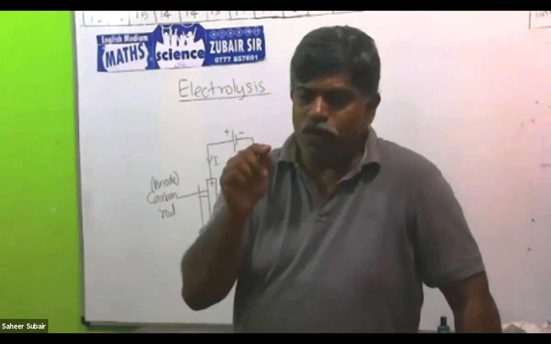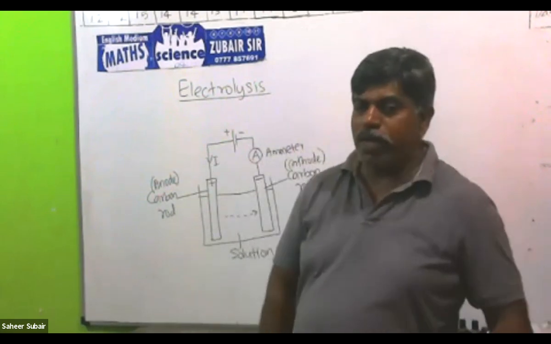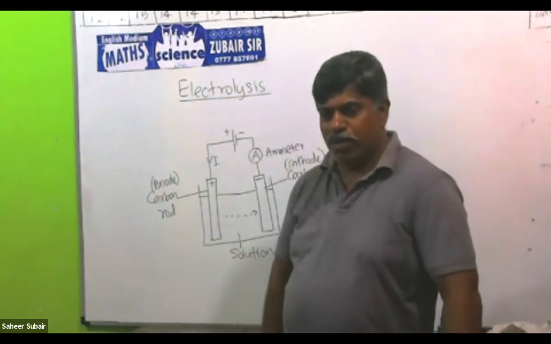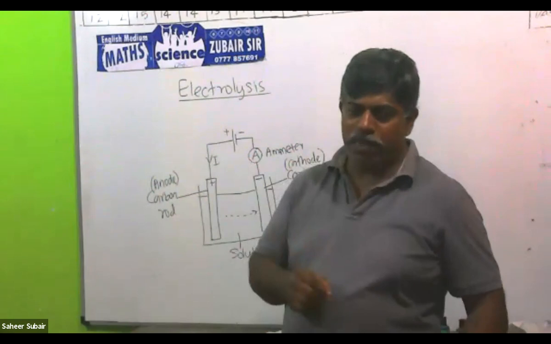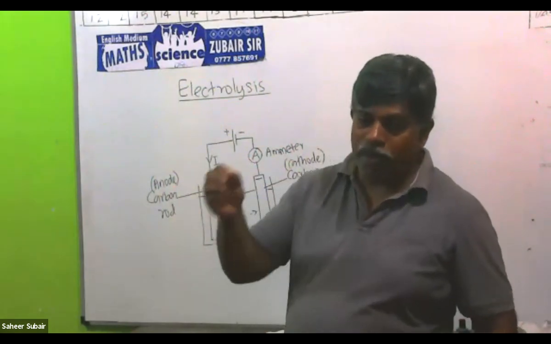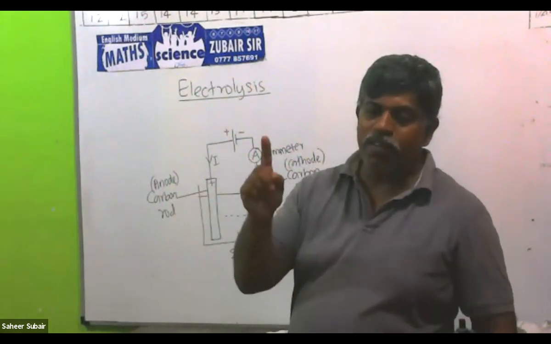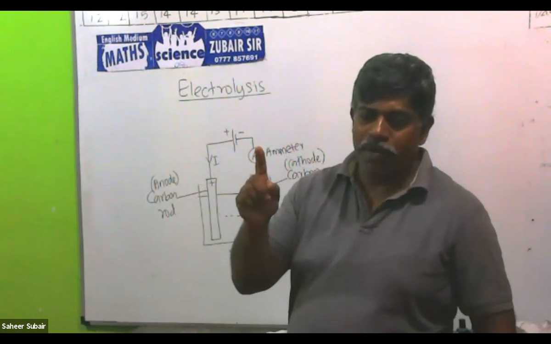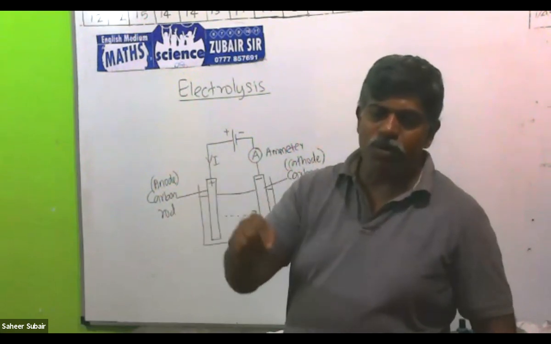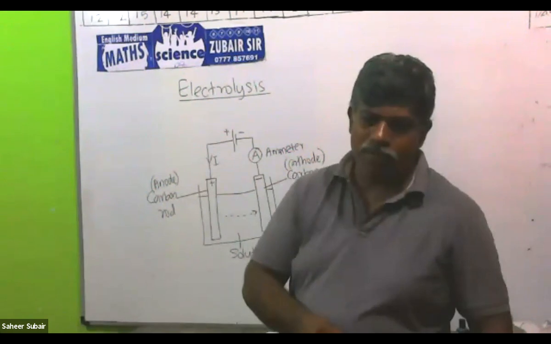When you mix a few drops of acid with water, that is called acidulated water. When you pour that water, you can see a deflection in the ammeter. Then acidulated water also allows the current.